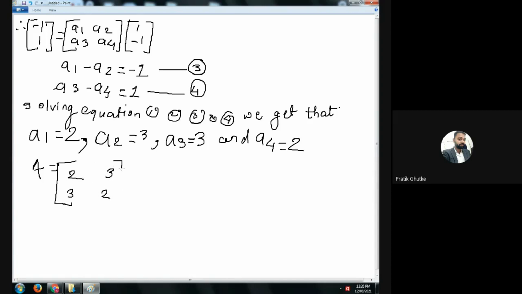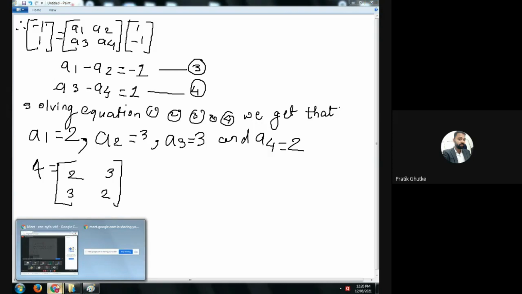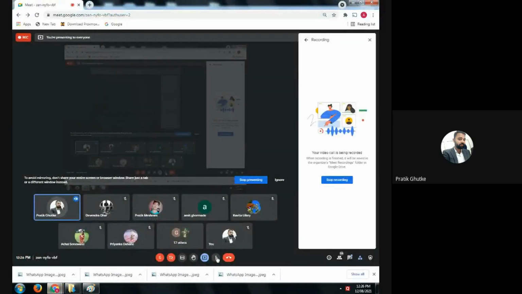Yes, this is my capital A matrix. Okay. So we have solved the half portion of this numerical. What they have asked in the question: calculate the capital matrix A. Now moving forward to the next part, that is to calculate the state transition matrix. We will see shortly, in new slide. Yes, just stay connected.